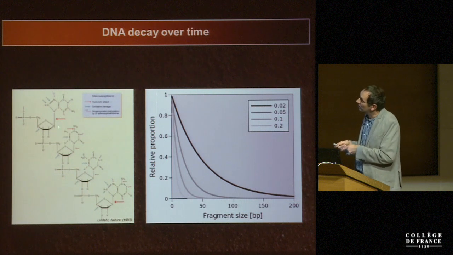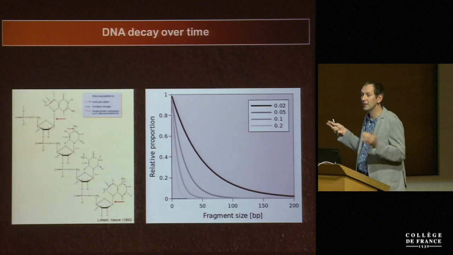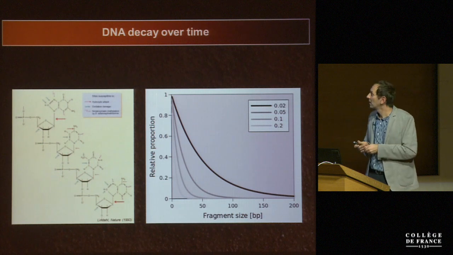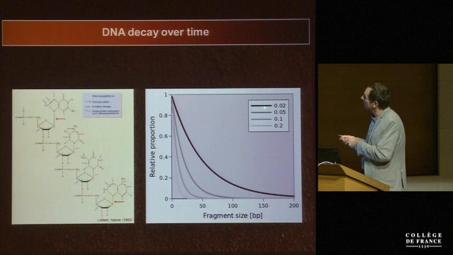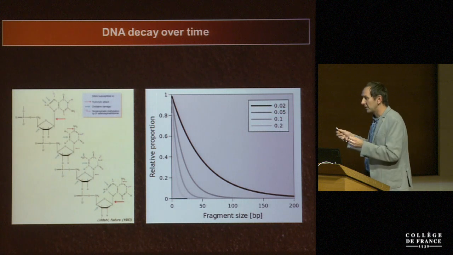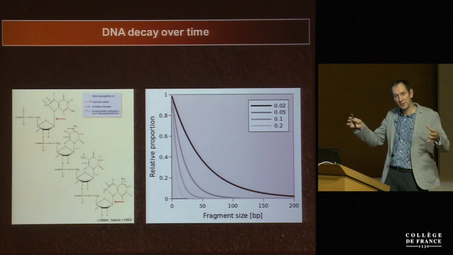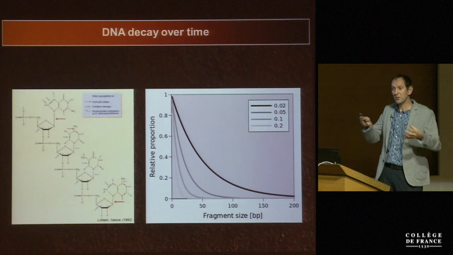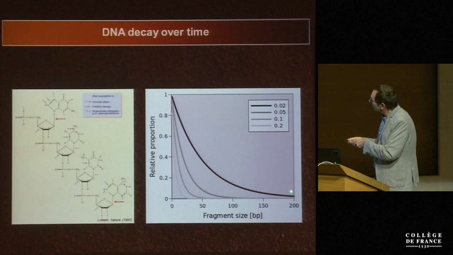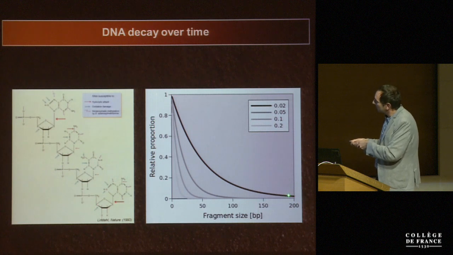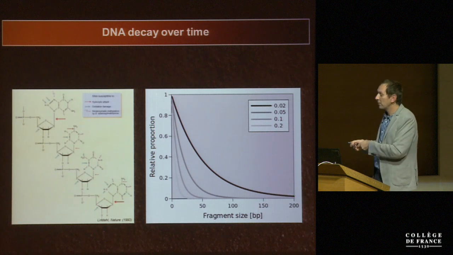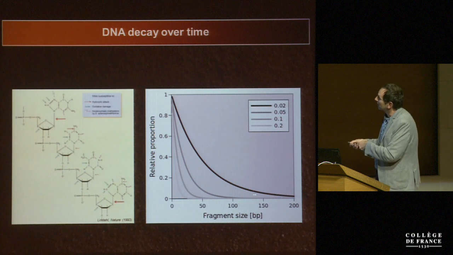And once these bases are lost, you induce strand breaks and your DNA becomes fragmented. And you can model this actually. You can simulate on a computer the distribution of DNA fragment sizes that you would get at a certain damage frequency. And then you will see that there are hardly any long fragments left, even at a relatively low damage rate, and most of your DNA is very short.